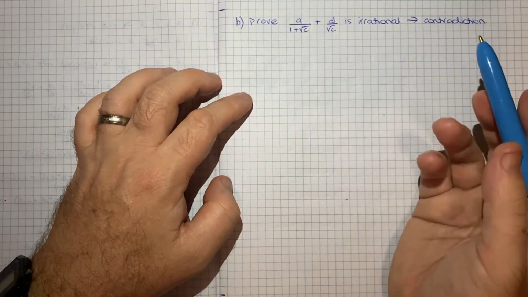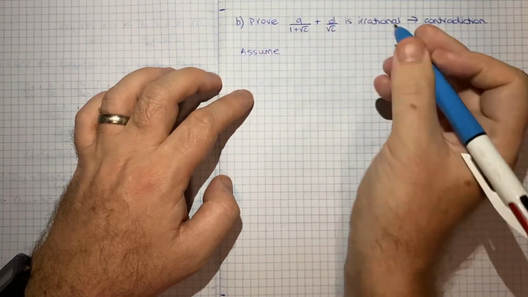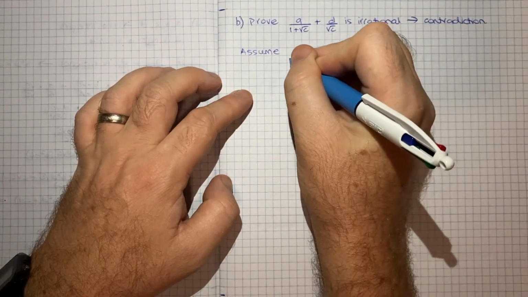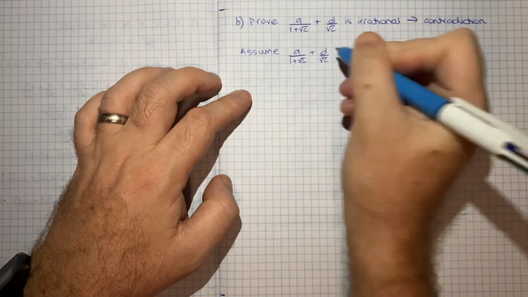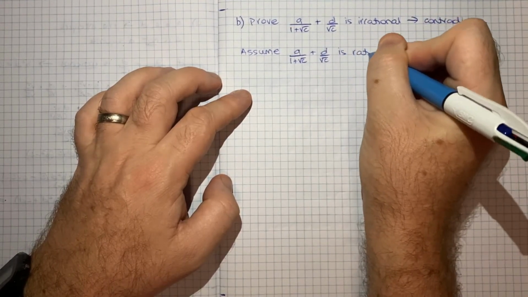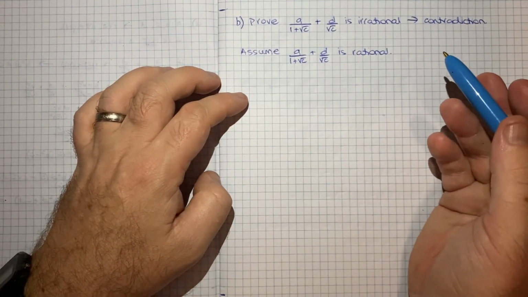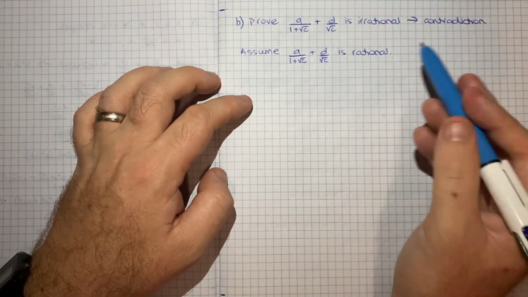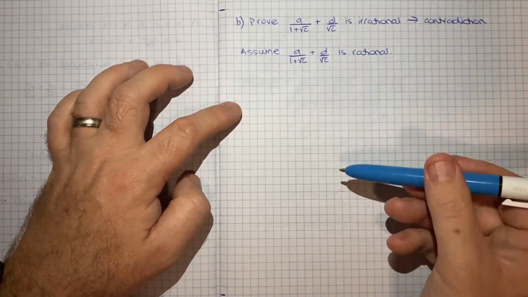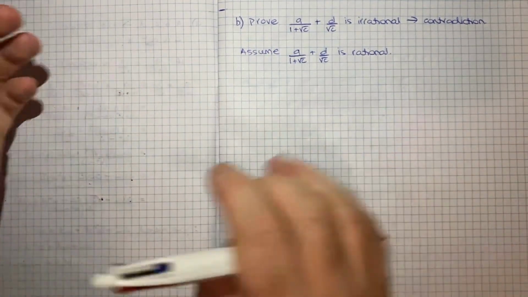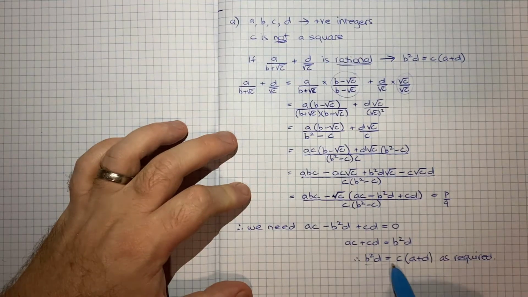But I think what we'll do is we'll start by assuming the opposite of what we want to show. So let's assume a on 1 plus root c plus d on root c is rational. Okay, well, what can we do? One instinct might be to say let it equal p on q. But I don't think we need to do that here, because remember, we're being led through this question and we've just been asked to show part A, this result here.